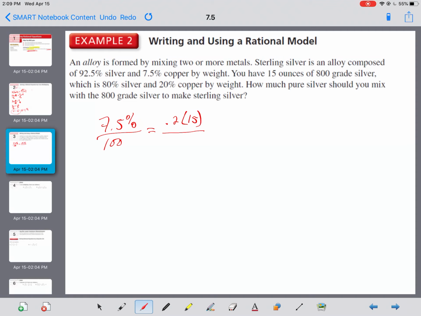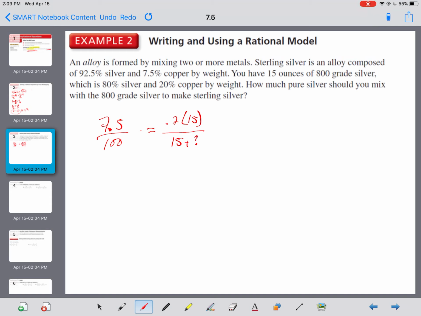So 20% of that is copper. So 0.2 times 15 is how much weight we have in copper. Okay, don't really need the 0.75% on there. That gives us our percentage of copper, because 20% is weight in copper. So if we were out of 100, we need 7.5, because that's what 7.5% is. So if we are out of 15 ounces, we need to know how much we have. We have 20% of that weight is copper, so we're going to do that.